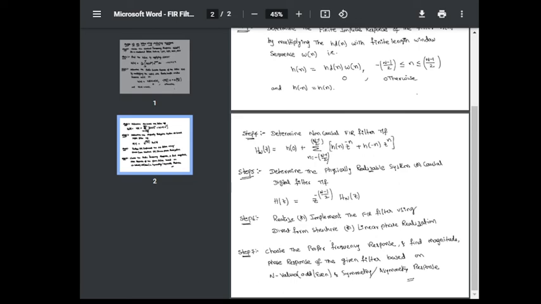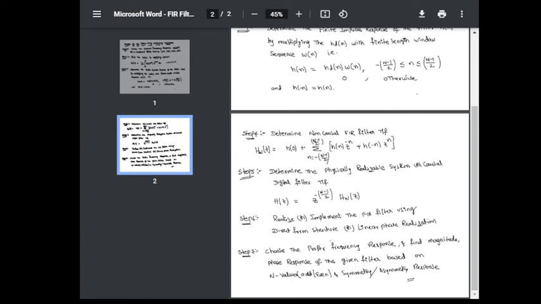Hn of z is equal to h of 0 plus summation n is equal to minus (N minus 1) by 2 to (N minus 1) by 2 of h of n into z power minus n plus z power n, h of minus n into z power n.